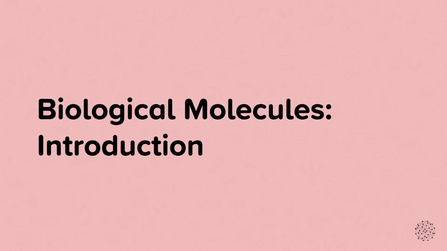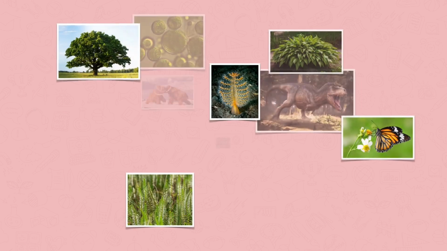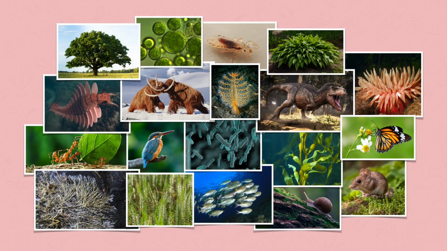Biological molecules. Introduction. For all the complexity of life on Earth, both past and present, everything shares a common chemistry. The cells of all living organisms contain only a few groups of carbon-based compounds that interact with each other in similar ways.